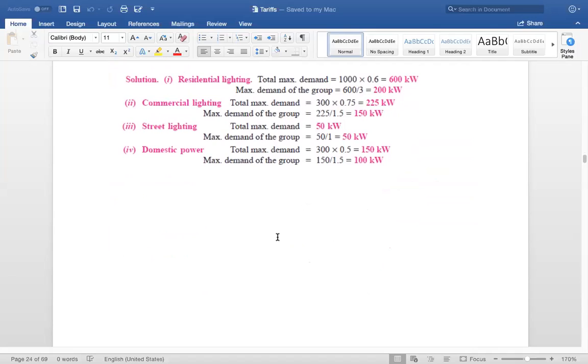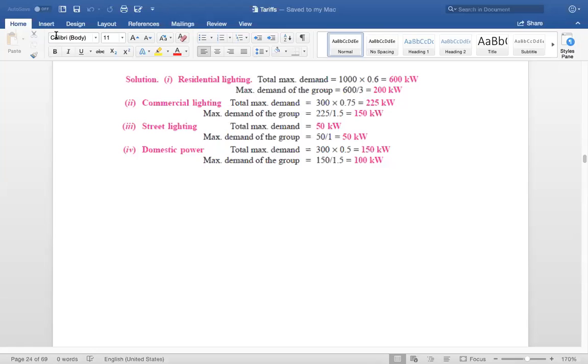So, for residential lighting, the total maximum demand is 1,000 times 0.6, which is 600 kilowatt. Maximum demand of the group is 600 divided by 3, which is the demand factor. That gives us 200 kilowatt.